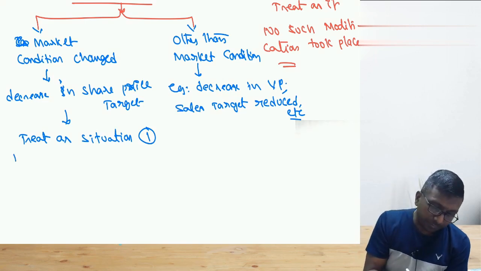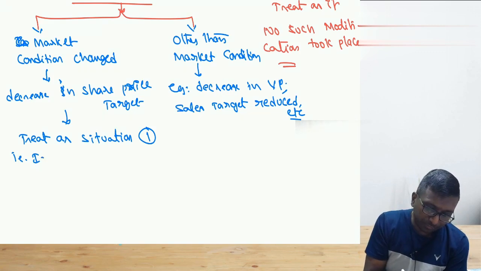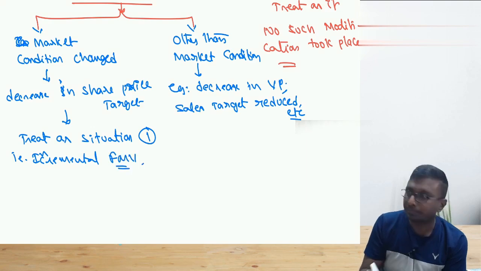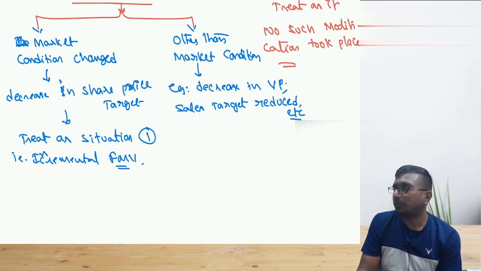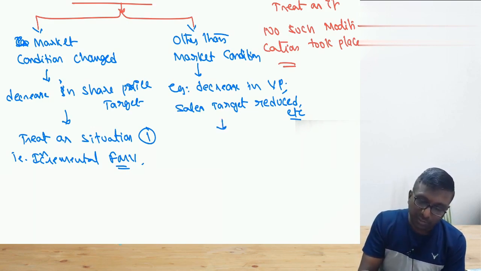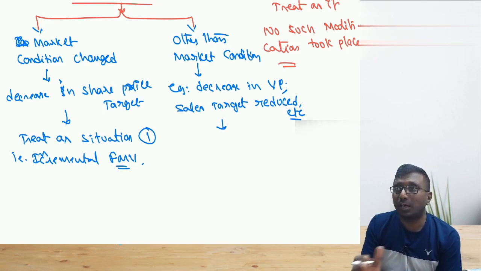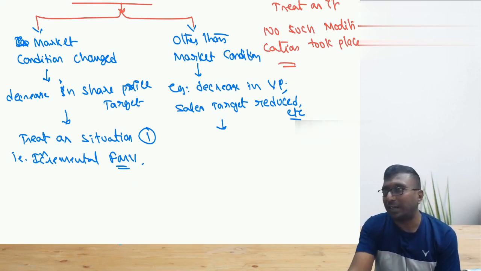Whatever you did in situation one, that's all. For the other situations, like decrease in vesting period, they have not given exact guidance.